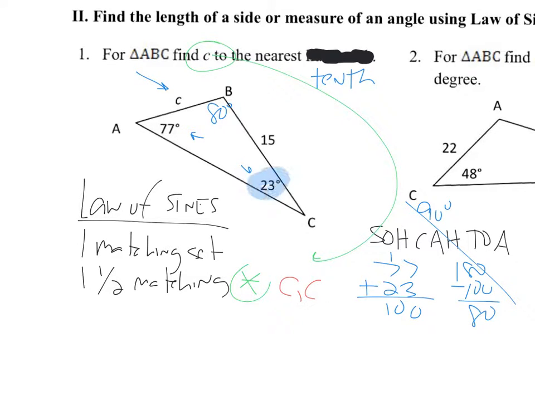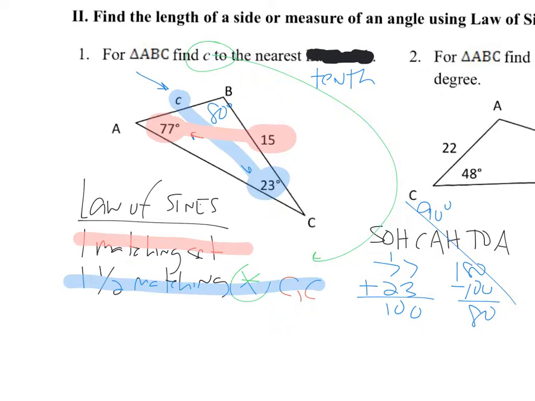Angle C is 23 degrees, and I'm trying to find side C, so the C's are my half matching set. Now I need one matching set of side and angle, and here I have that with the A's. Here I have angle A, and here I have side A. So I have enough information to use the law of sines.